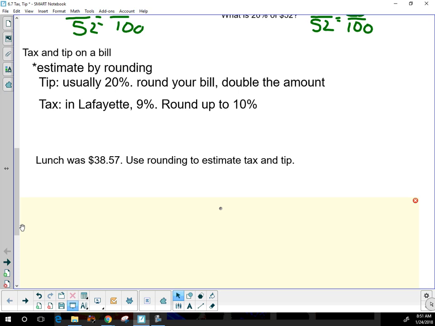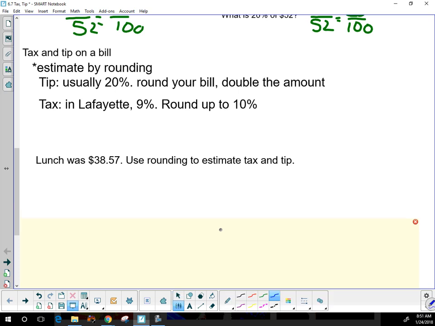And we know that item is $38.57, and you go to the store and you plop down your $38 and your 57 cents, and then the cashier tells you it's a couple bucks more than that. So let's not let that happen. Let's find out how much it's going to be. Again, I'm talking about lunch, so we're going to find tax and tip.